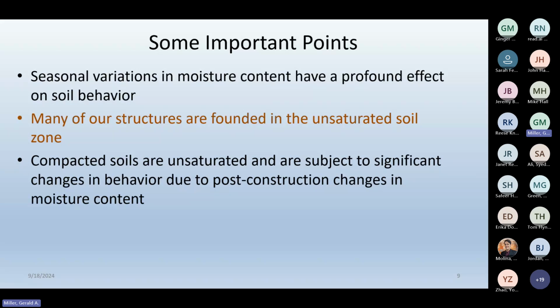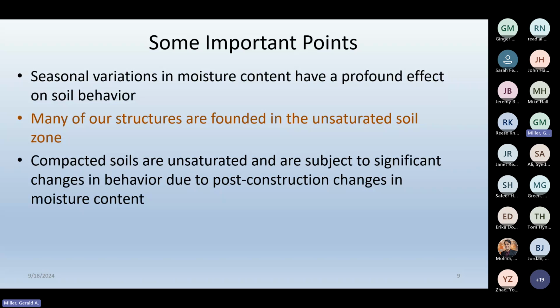We also looked at embankments that were constructed in reservoirs that were then impounded, because that's the classic case of wetting. But even these highway embankments that are nowhere near water saw significant increases in moisture content just from infiltration. Water gets trapped in that granular layer below the pavement and slowly infiltrates into the embankment.